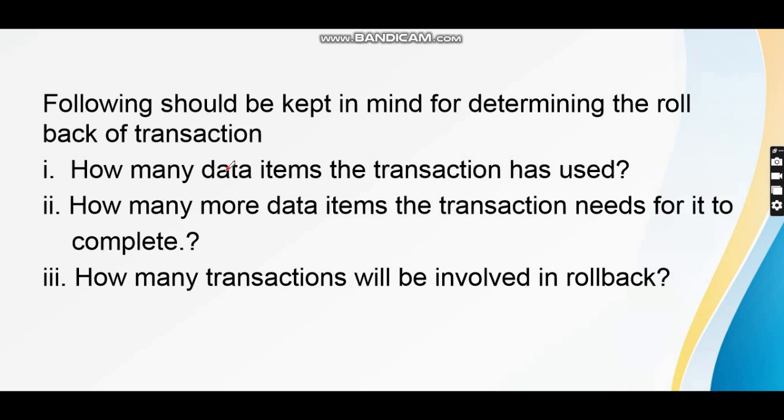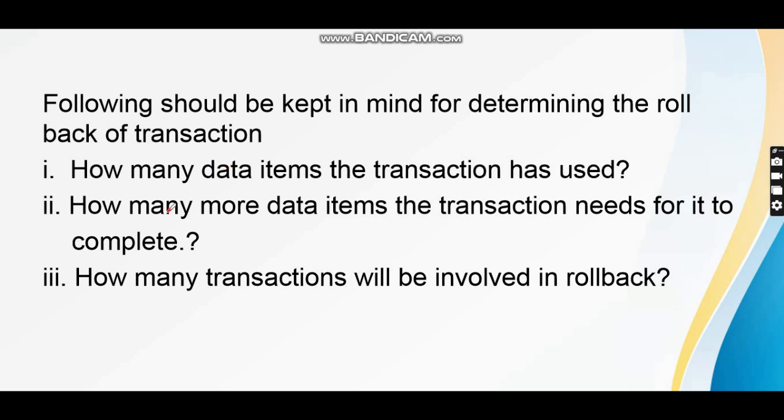Okay? Here, a very important thing. If you roll back a transaction which has used an excess number of data items, then it is obviously going to be a cost factor, right? We must pick those transactions which haven't used many data items.